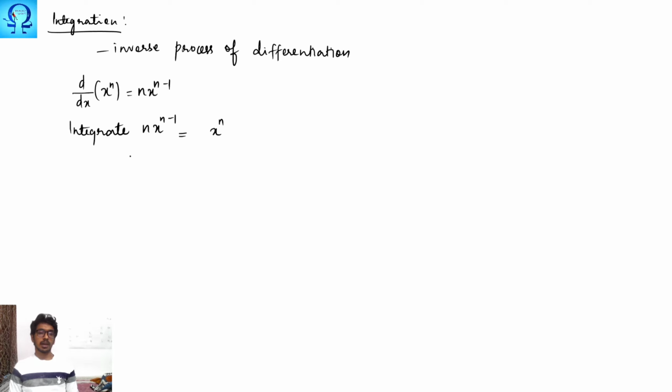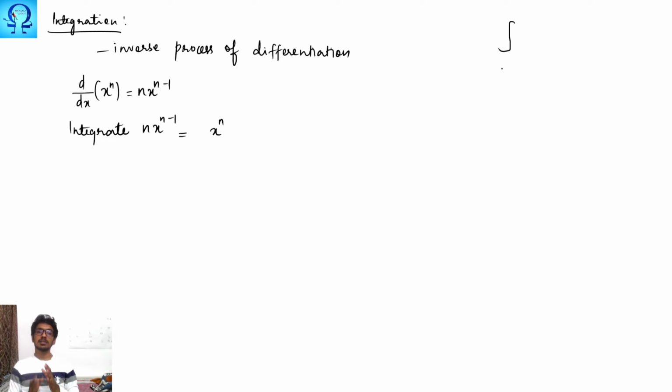In the concept of differentiation, I told you that d upon dx means the change happening to some function y or x power n whenever there is a change happening in n. Here the symbol for integration is this. It is the extended version of a sum.